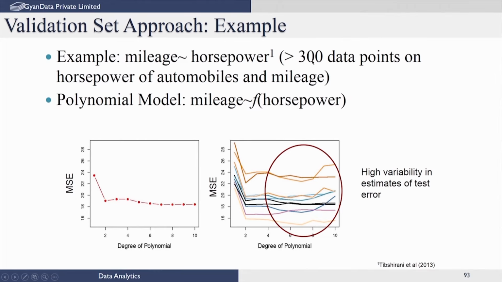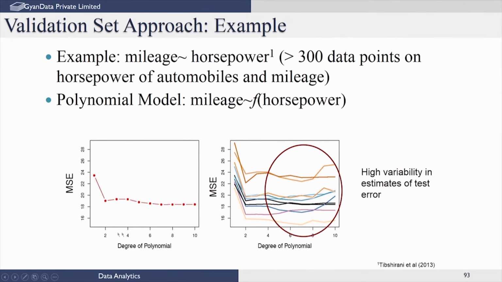So, we have 300 data points or more of different types of automobiles, for which the horsepower and the mileage is given. We are going to fit a polynomial or a non-linear model between mileage and horsepower. Of course we can also try a linear model, but a polynomial model means you can also try quadratic and cubic models and so on and so forth. So, this is what we are going to illustrate.